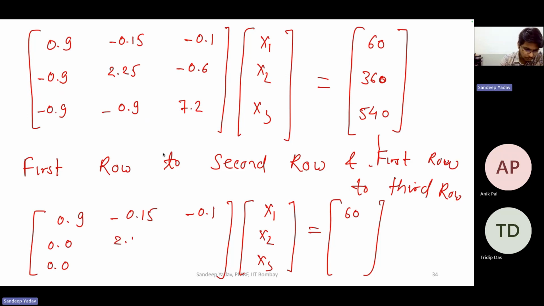This would be 2.1, minus 0.7, minus 1.05, this would be 7.1. Similarly, this would be 420, and this would be 1200.